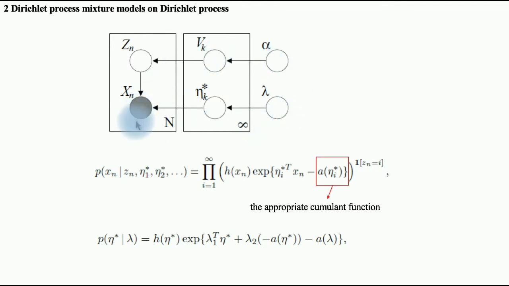The distribution of Xn conditioned on Zn and eta follows a product of exponential families like this, and the association of Xn and Zn is also shown in these figures, where A of eta n is the appropriate cumulant function.